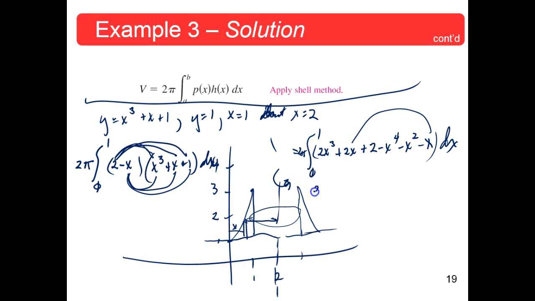So let's combine those. That's 2 pi, integral from 0 to 1. I don't mind starting with the 2x cubed. Let's do the minus x to the 4th. This is not in great order. Minus x squared. And then we have plus x, right? dx. And again, this seems a little stupid, but I think it's all right. 2 pi.